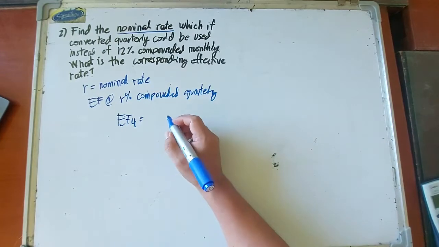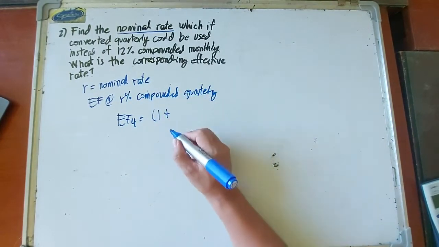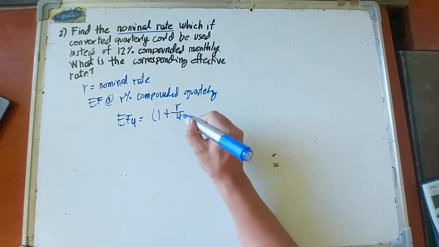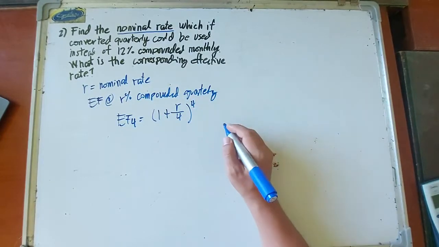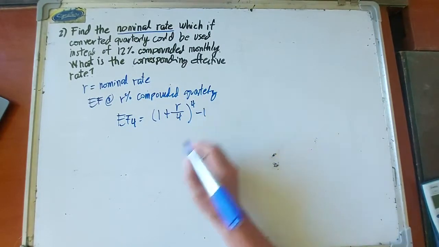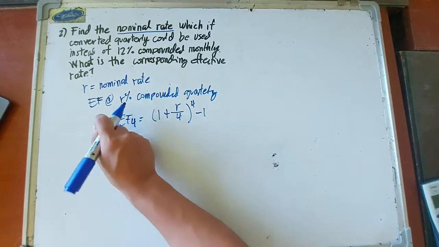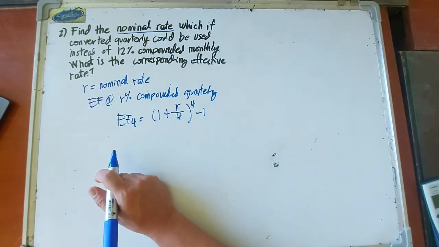So EF sub 4 is equal to 1 plus R over 4, the unknown nominal rate over 4. We divide by 4 since it is compounded quarterly, raised to 4, and then minus 1. So that is the effective rate compounded quarterly with R percent nominal rate compounded quarterly.